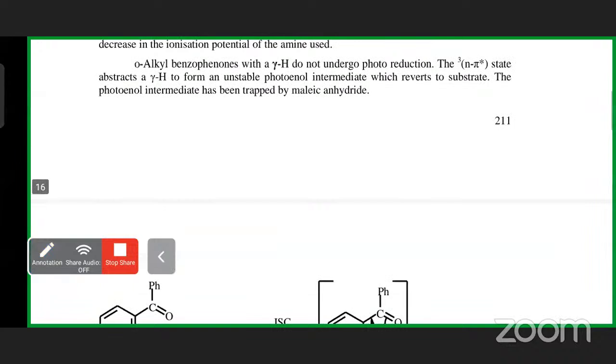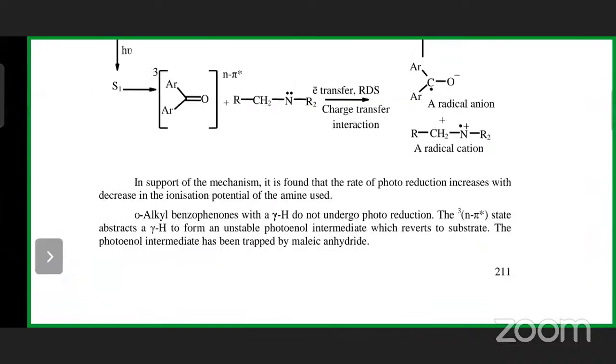So all these are reduction reactions. Very important and very easy, I think, because the only thing is you have to abstract the proton, meaning you select a suitable hydrogen donor. So always you can take benzophenone or any other ketone, meaning carbonyl group, or acetone or whatever compound.